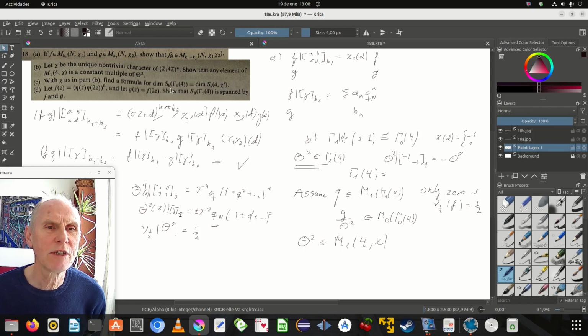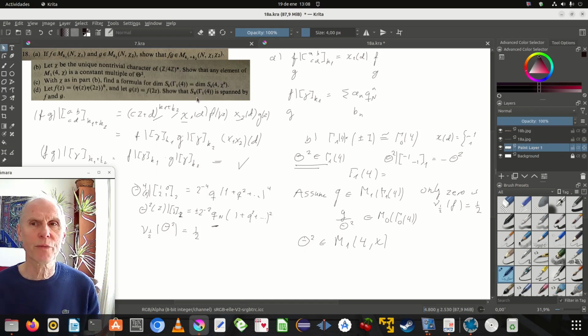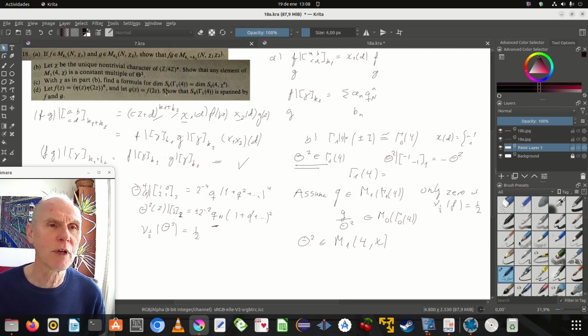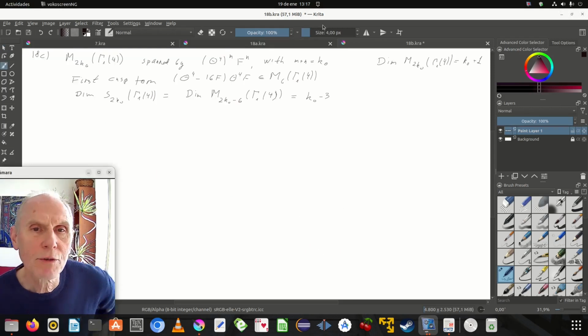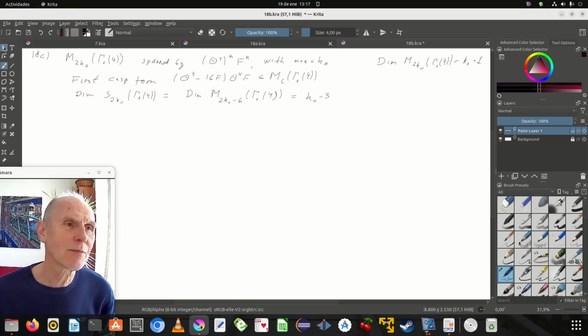When k is even, we already have the answer. So I'll just repeat what we know about mk for m being even on the next page and then continue. I believe this was the result we got from the last problem. Well, that actually gives us the dimension for even numbers.